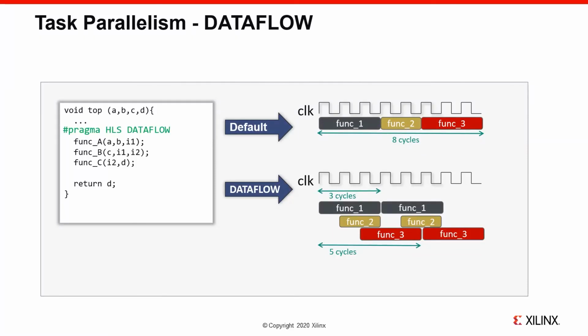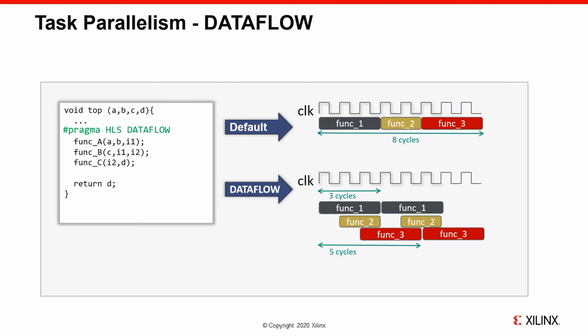Dataflow is conceptually similar to pipelining, but is applied to function bodies. Multiple functions can run concurrently, and this is known as task-level parallelism. In the example shown here, the default behavior is to execute and complete function A, then B, and then finally C. With the dataflow directive applied, the compiler can schedule each function to execute as soon as data is available.